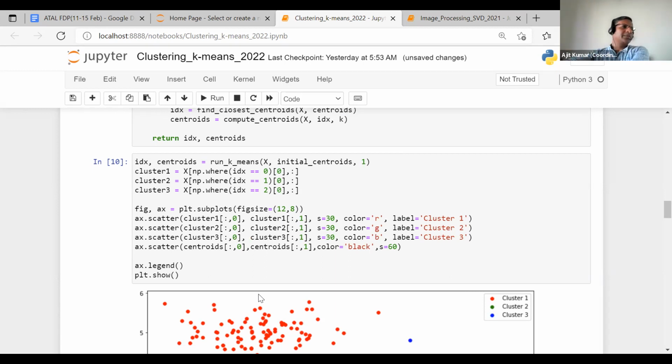The second one, put them in another box. The third one, put them in another box. Then you find the centroid of those in one box. Whatever the points, you find the centroid. Taking the centroid is nothing but taking the average, right? And then you get a new centroid.